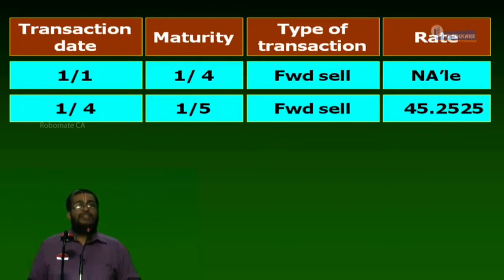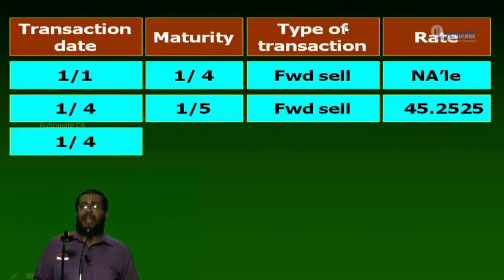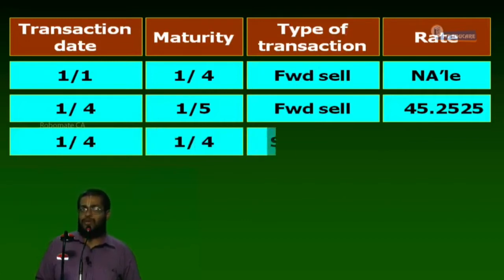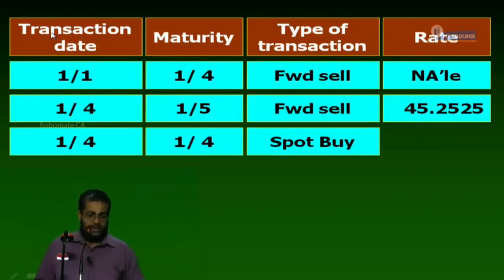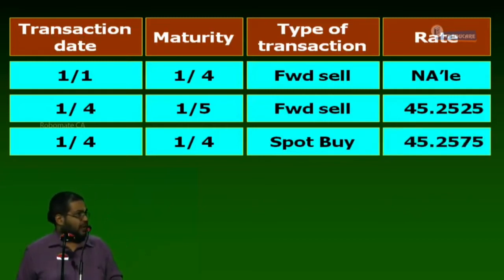Next. Same day on 1/4, the forward sell can be countered through a spot buy. 1/4 to 1/4, I give a spot buy. I buy at what rate? Offer rate, 45.2575. Everybody yes or no?